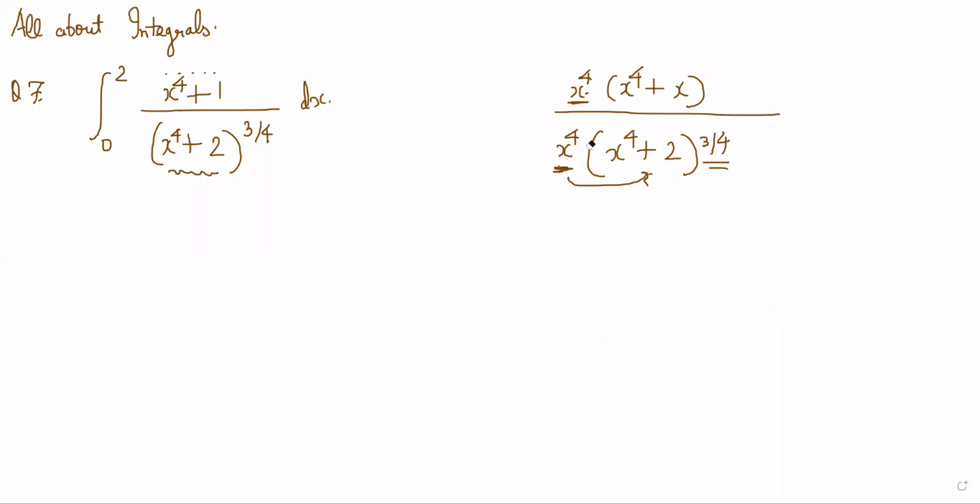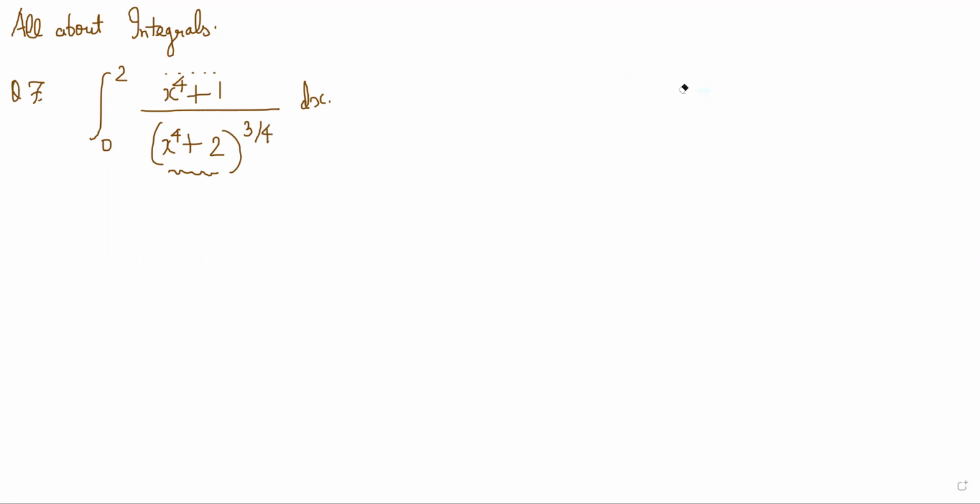So I will think of this as, suppose you have x power 4 plus 1 here and x power 4 plus 2 to the power 3 by 4. So if I want to make it a higher power here, let's multiply up and down by x power 3, right?